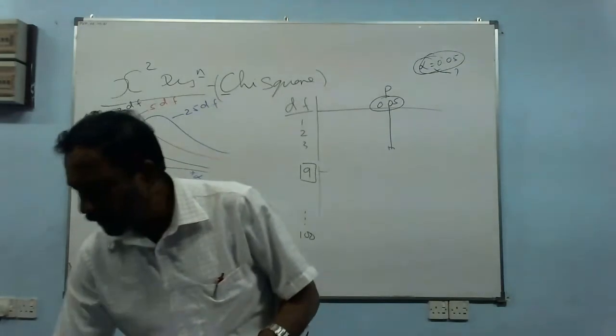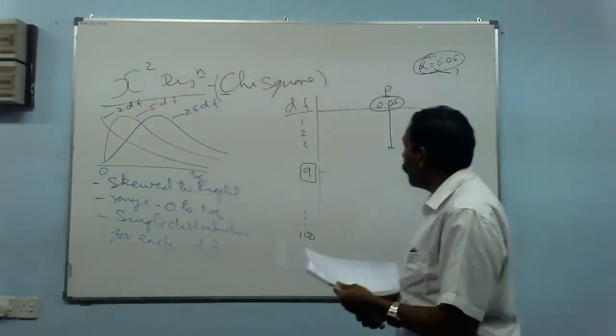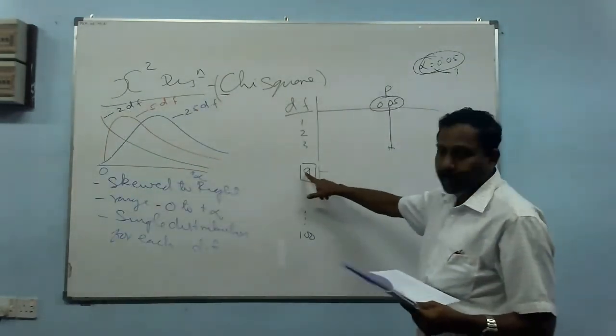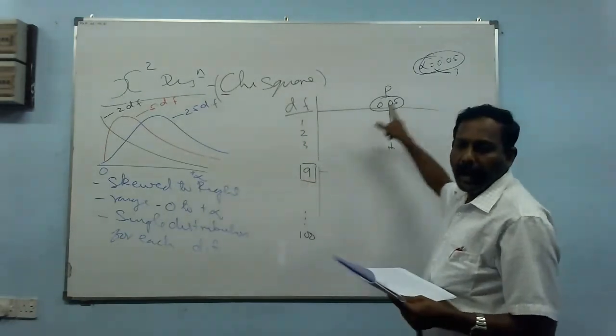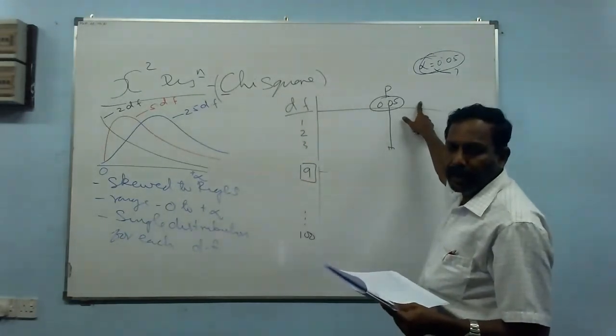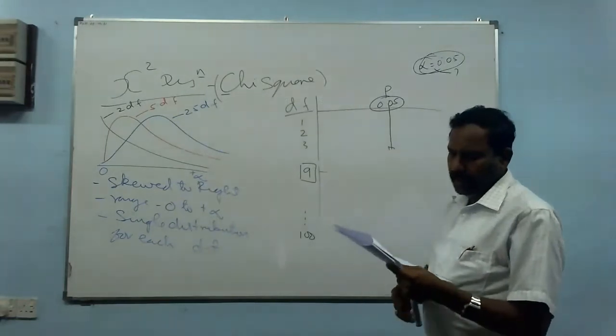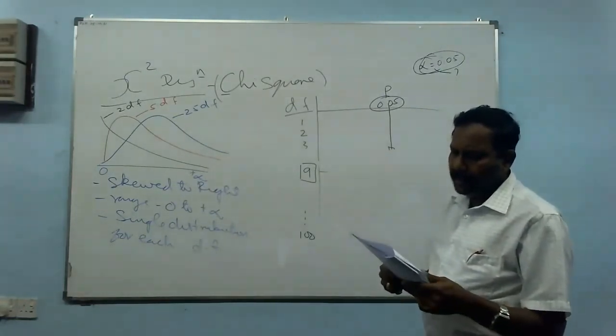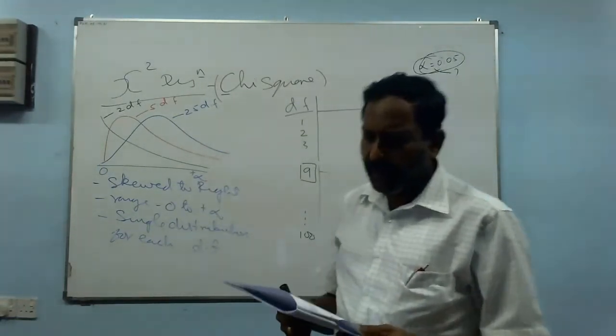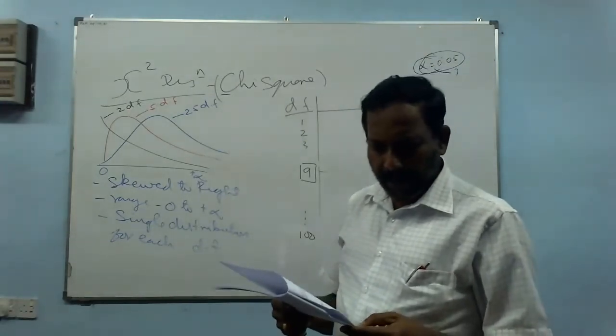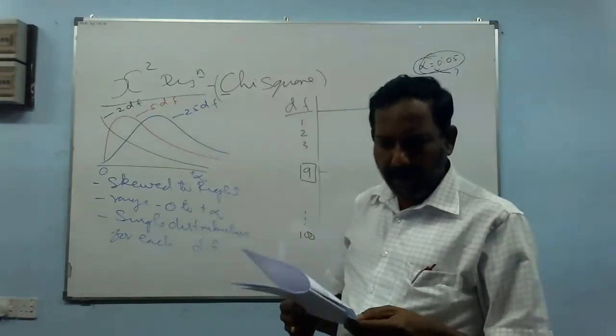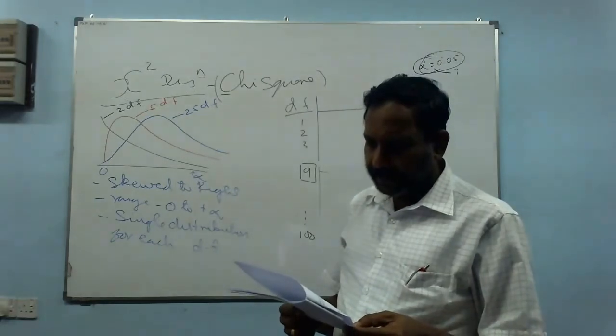Suppose, let's say, I want to look at the value for degrees of freedom 9 and the p-value 0.05. Can somebody look at what is the value for 0.05 and degrees of freedom 9? 16.9.